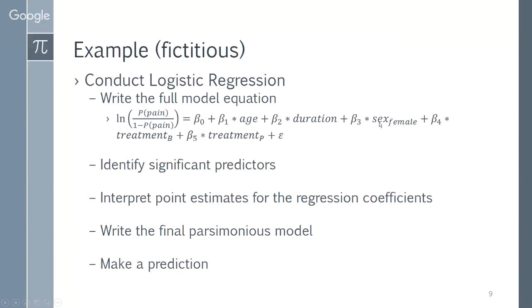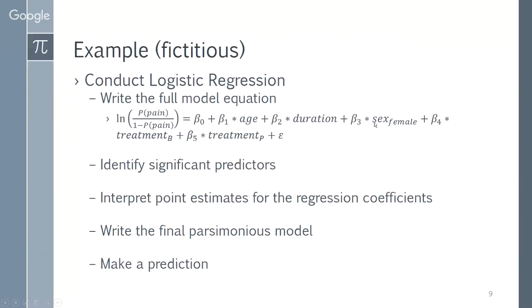Then we have sex. Sex is categorical, so I need an indicator variable. I'm choosing males as the reference group. If you're female, then we'll add on this other regression coefficient. If there's no difference between males and females, then this regression coefficient is not going to be statistically significant. This is an indicator variable, and it's not the reference group; it's for when the sex equals female.